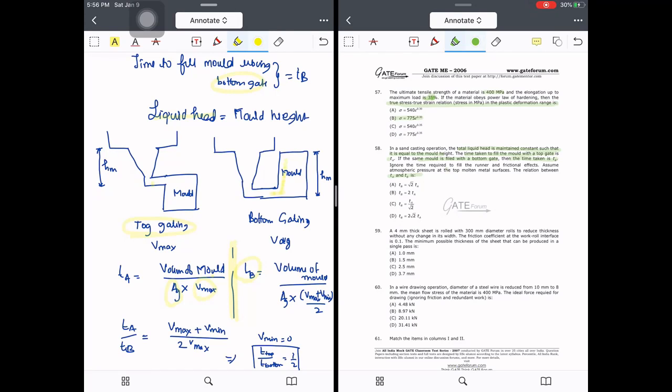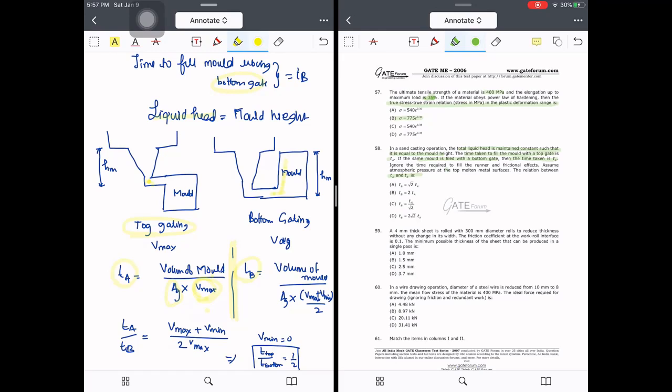Now what about the bottom gating system? In bottom gating system, as soon as the velocity goes up, it is actually varying. So what we generally take is the average of these two, V max plus V minimum by 2. V minimum we can take as 0. So we get the average velocity as V max by 2.